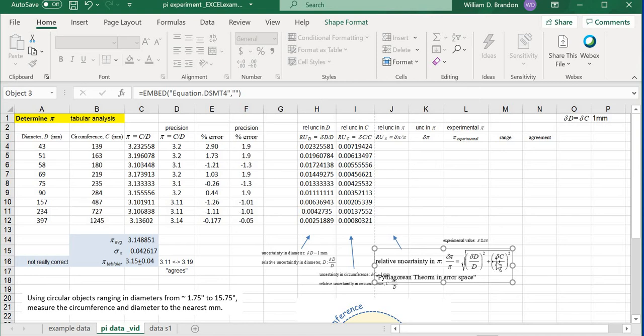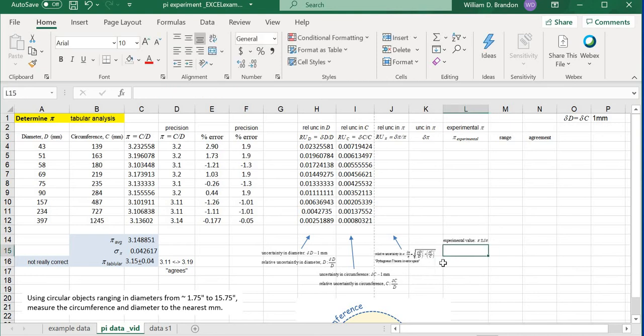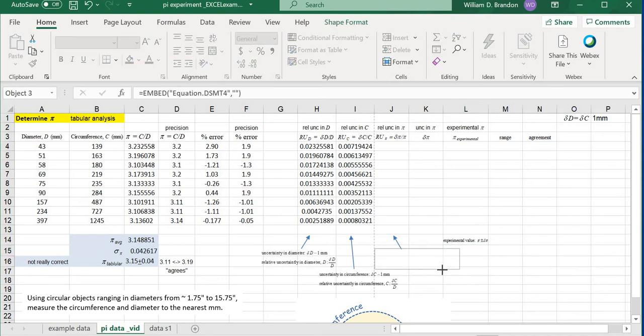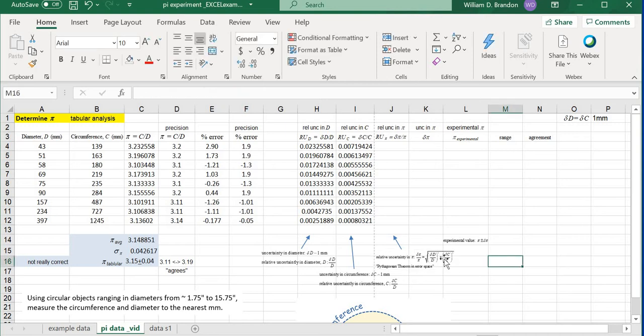Now, why is that? It's because the errors are uncorrelated. If we assume they're uncorrelated, it's kind of like vectors that are orthogonal to each other. They're completely independent of one another. So when you have any formula that relates values linearly to the 1 or negative 1 power, even if there's a constant involved, you're always going to get this form here, this relative uncertainty, kind of like a Pythagorean theorem in error space.